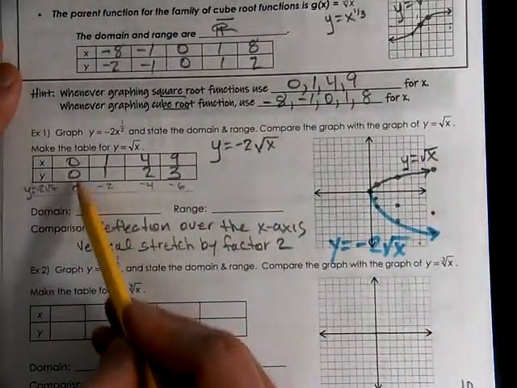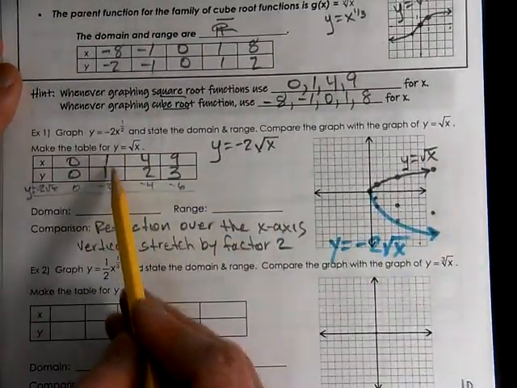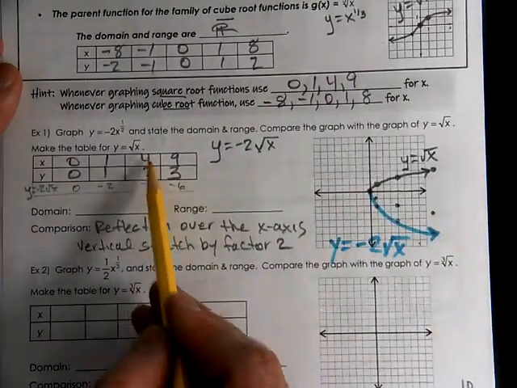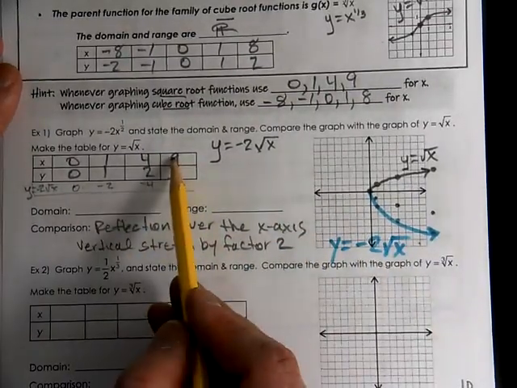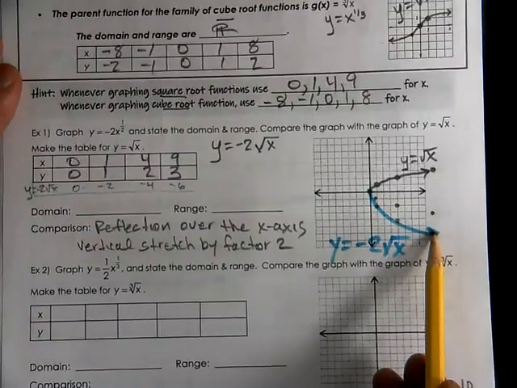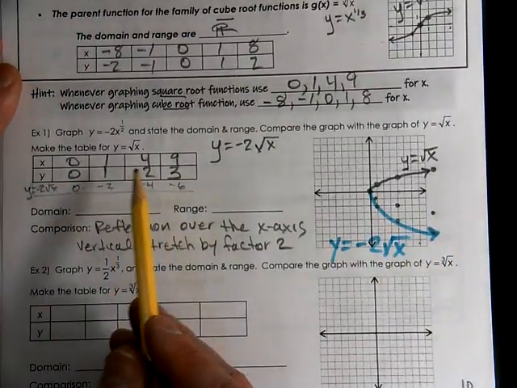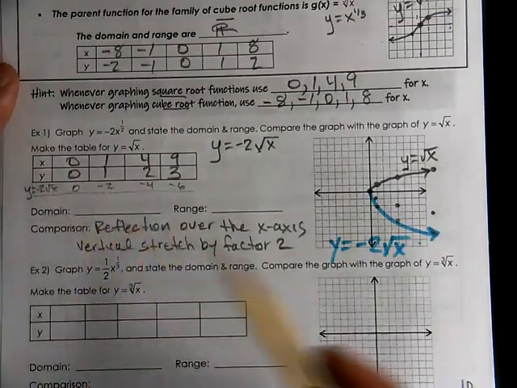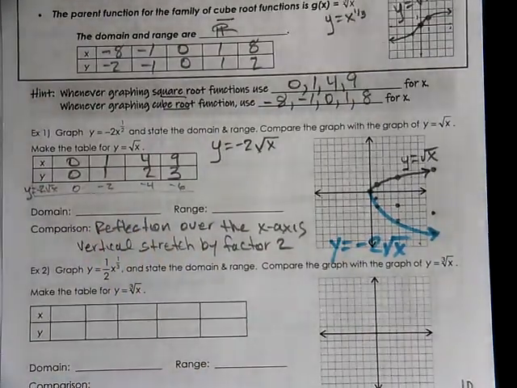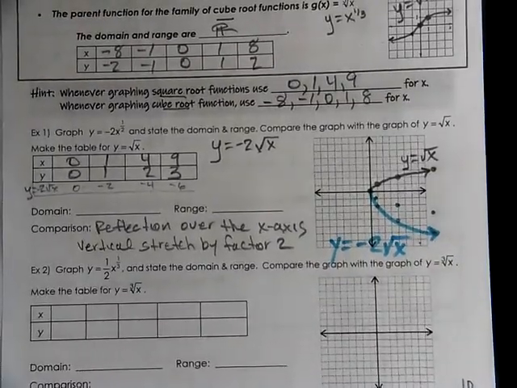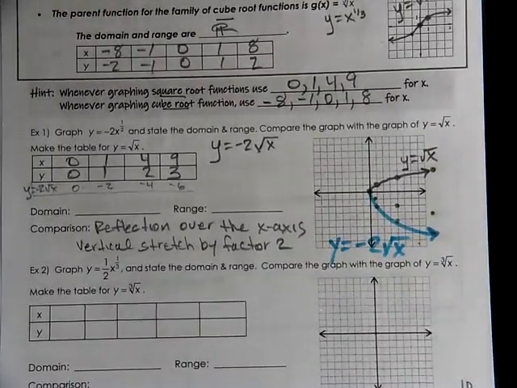And that's why we're at 0, 0, 1, negative 2, 4, negative 4, and 9, negative 6. By thinking about a third row on your table, you could create that if that was really important for your success.